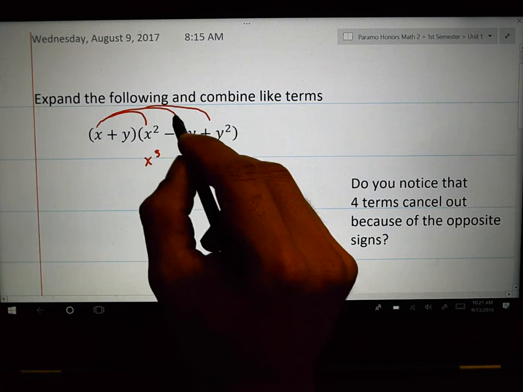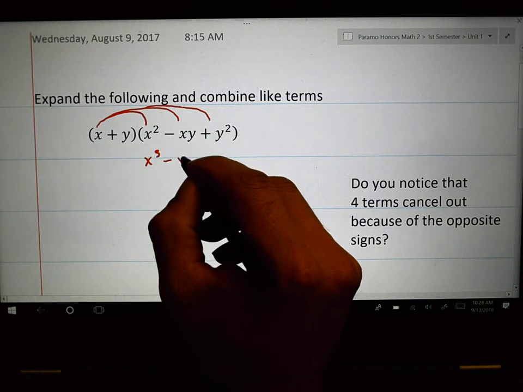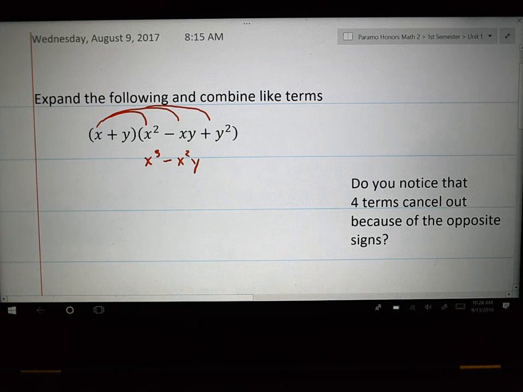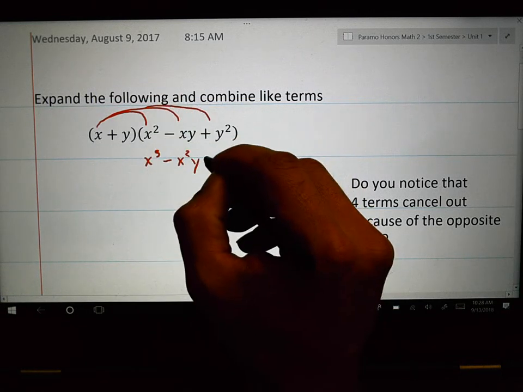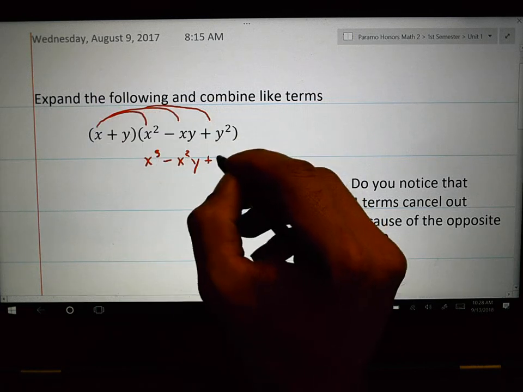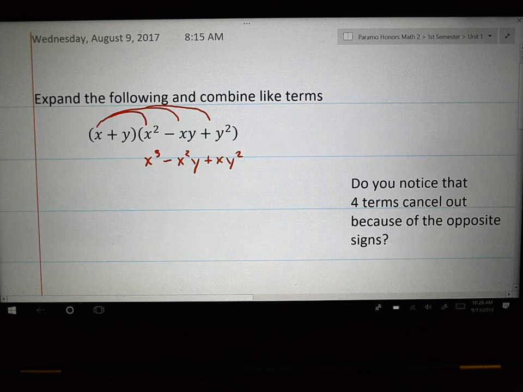And then an x times negative xy would be negative x squared y. That's the product. And then what you should have had is plus xy squared. That's the first piece multiplied by all three things.